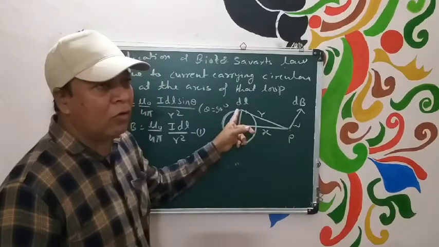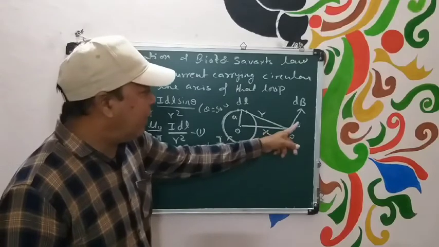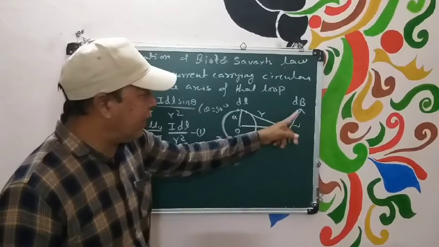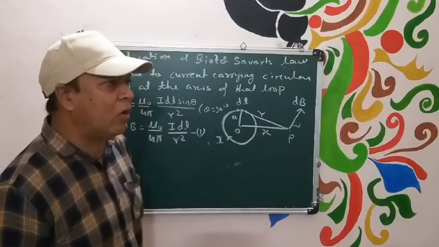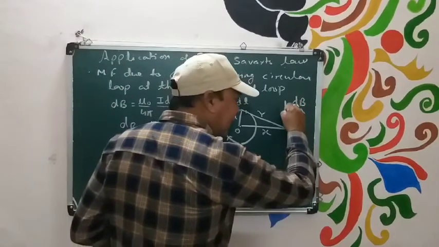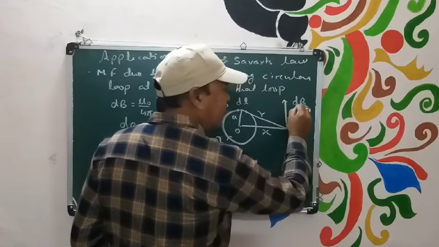dB is perpendicular to dl. That is not shown in the figure. But in this plane, suppose we are having r, so we can show that dB is perpendicular to r. Now think about component of dB perpendicular to the axis. Suppose in this direction, maybe this angle is equal to phi.